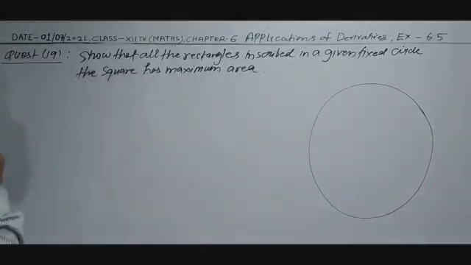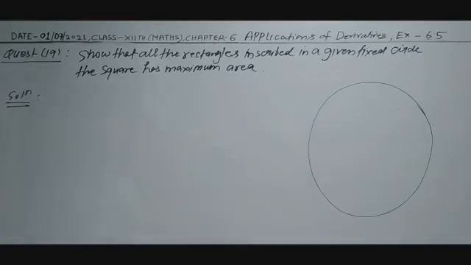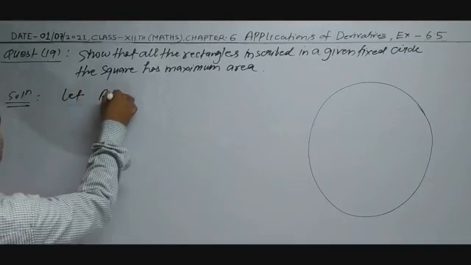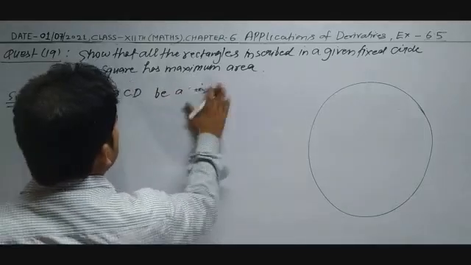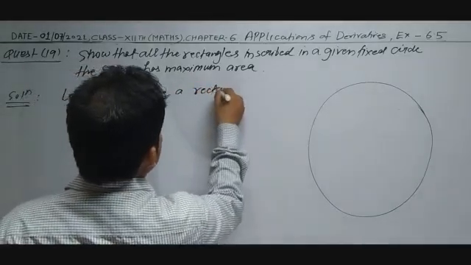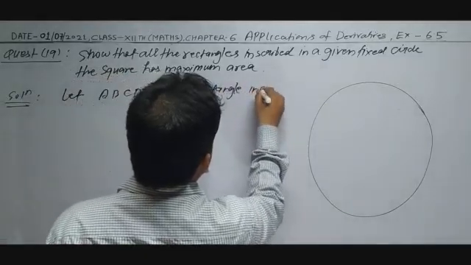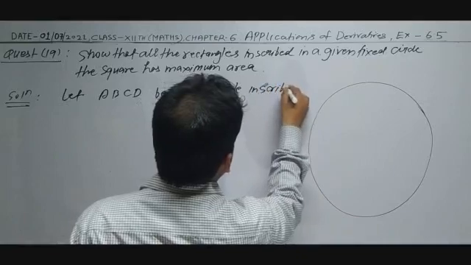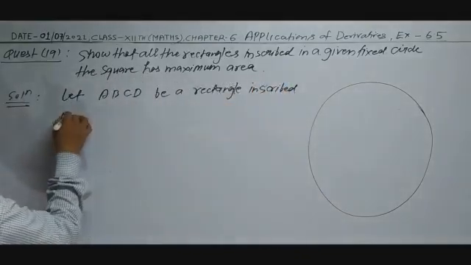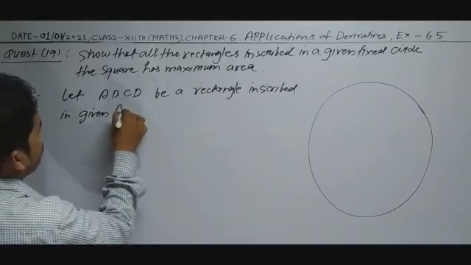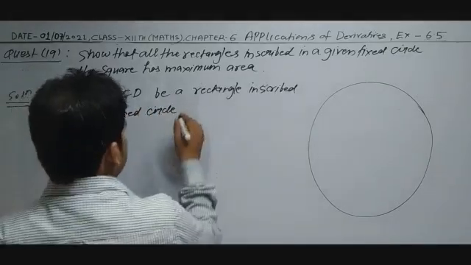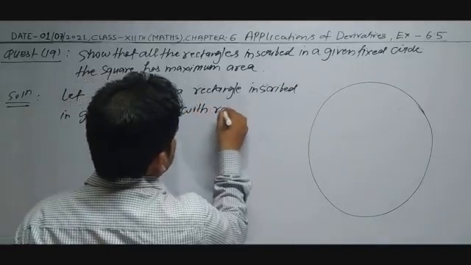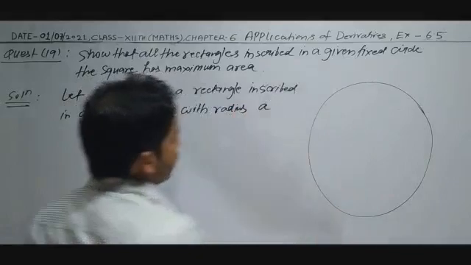Solution. Let ABCD be a given rectangle inscribed in a given fixed circle with radius a.